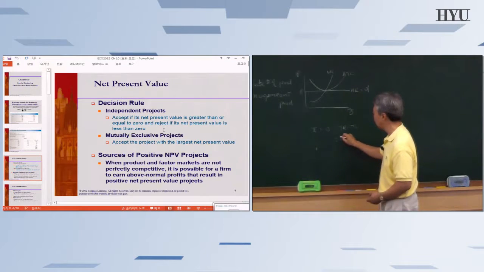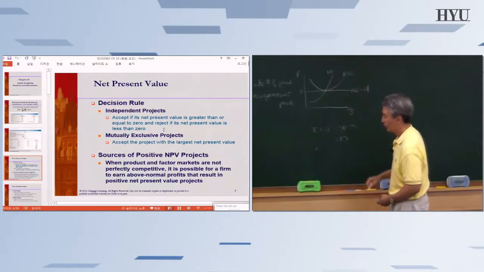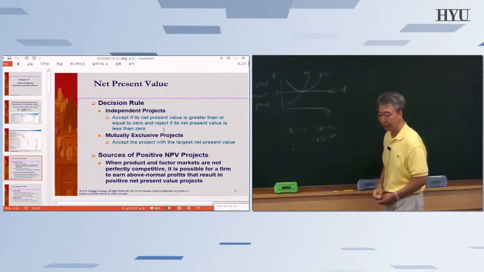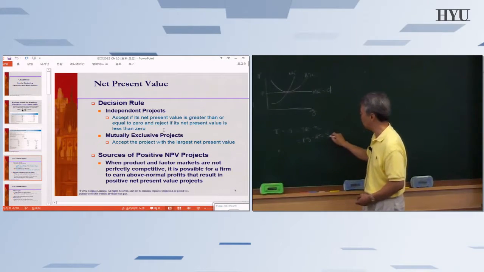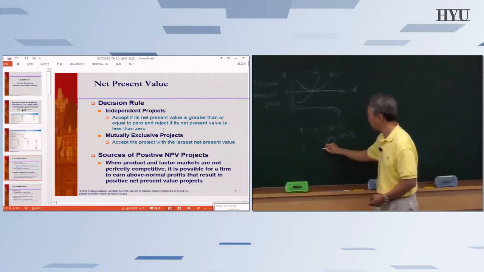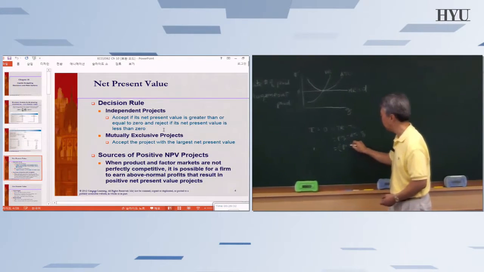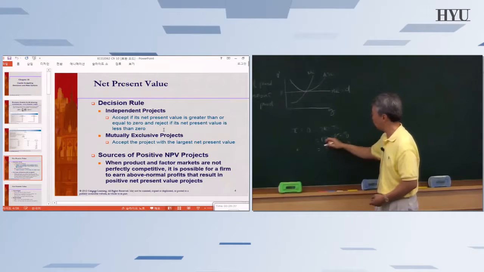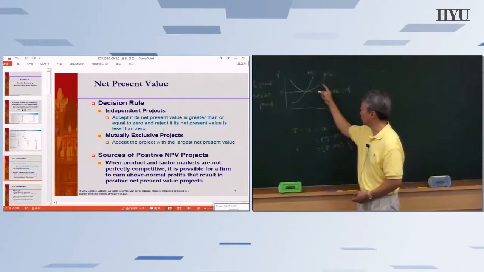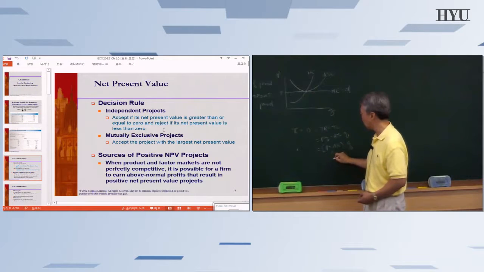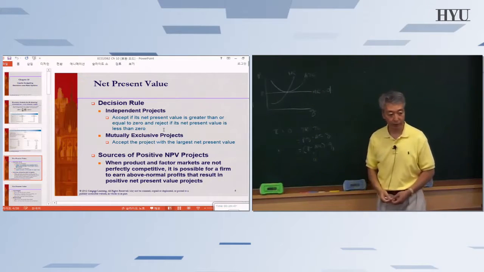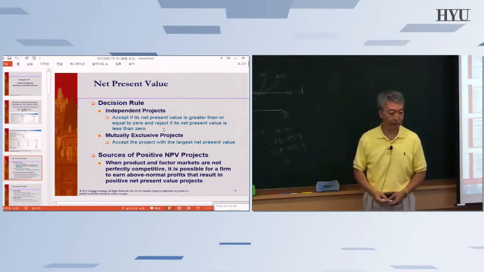And total revenue is P times Q. Total cost is ATC, which is per unit cost, times Q, right? And so profit is (P minus ATC) times Q. And as you see here, price is equal to ATC. So this is 0, right? And your profit is 0. So under perfect competition, everybody makes 0 profit.